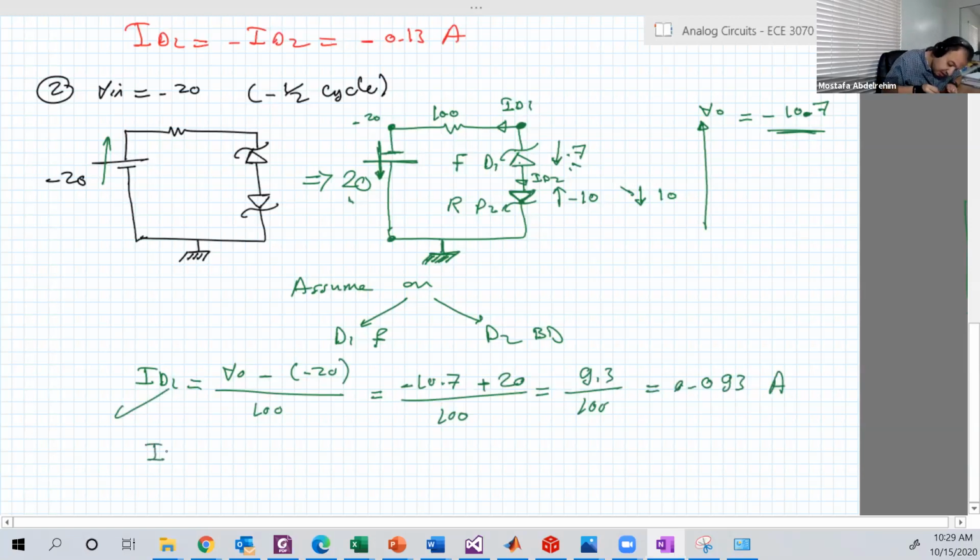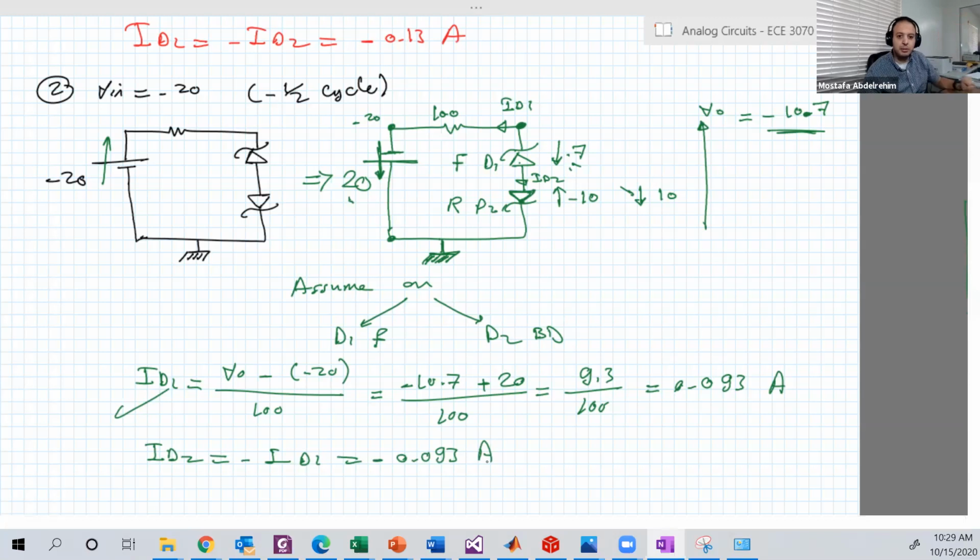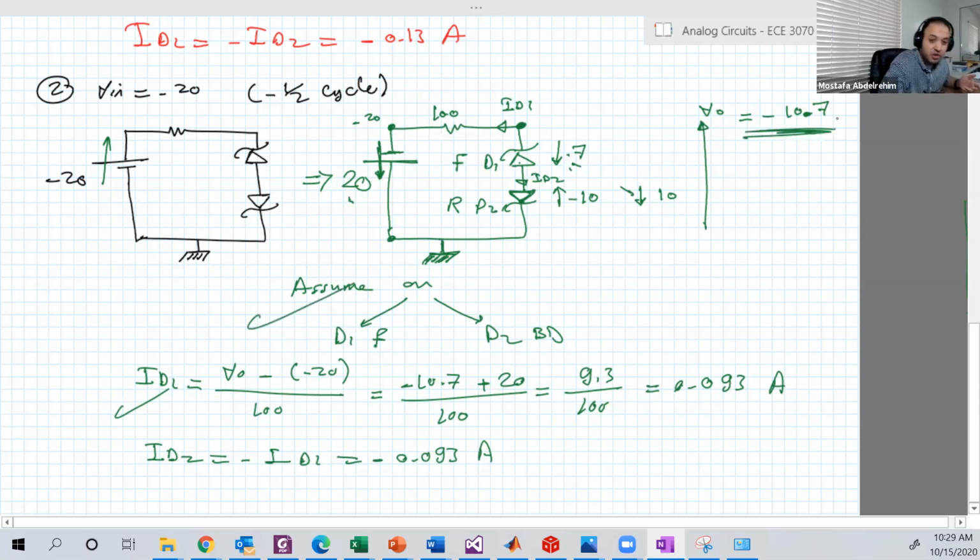And ID2 is minus ID1, so it's negative. And that's right, it should be negative because it's conducting in reverse, in breakdown. So that assumption is correct, and VO is correct, equal to minus 10.7. Let's draw it.